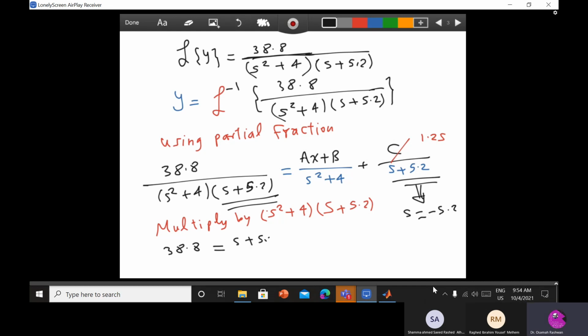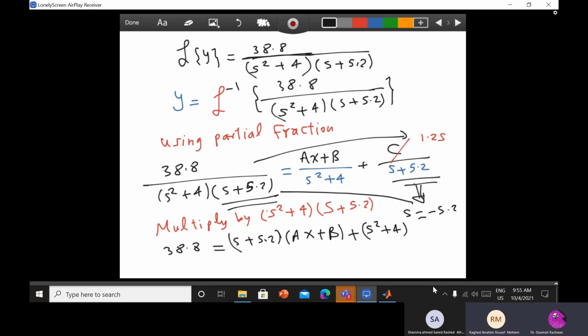S plus 5.2 times As plus B, right? Plus, when you multiply this one here, you cancel out this one with this one. So what's left? S squared plus 4 times what? 1.25. Okay, that's good.